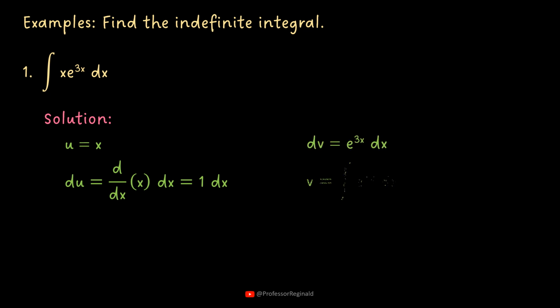Get v by integrating using an exponential function rule with substitution. Where w equals 3x, v is equal to 1 over 3 times e raised to 3x. Afterwards, follow the formula of integration by parts.